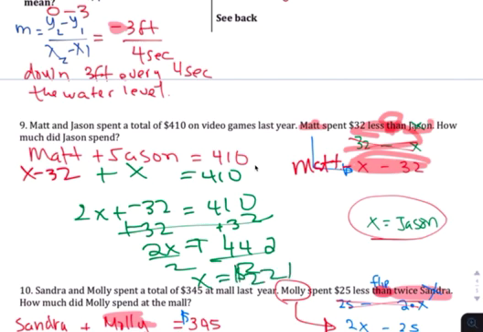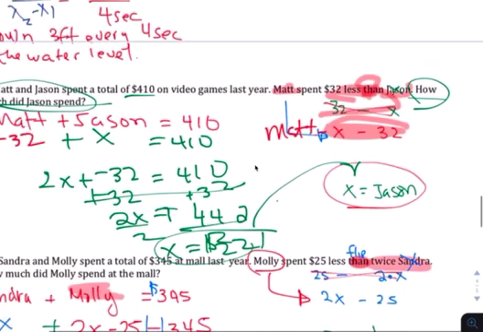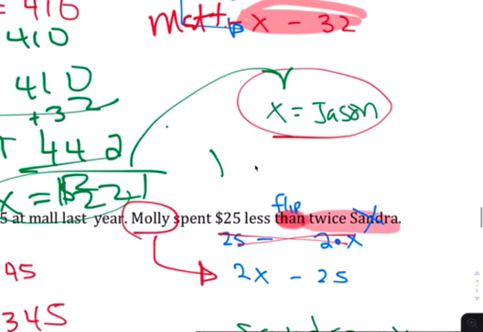So 221. So if Matt spent 221, no, x is Jason. How much did Jason spend? Okay, we don't need to find out what Matt spent. So Jason is x. Jason spent $221.